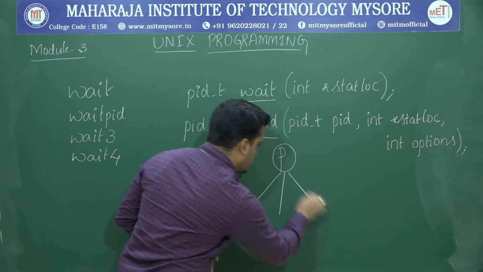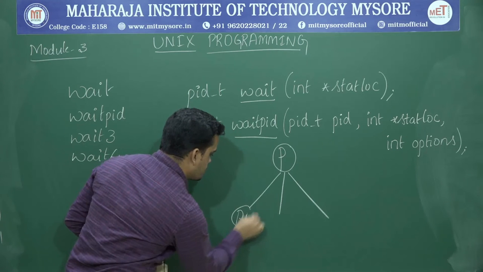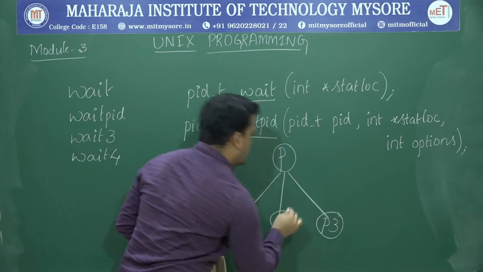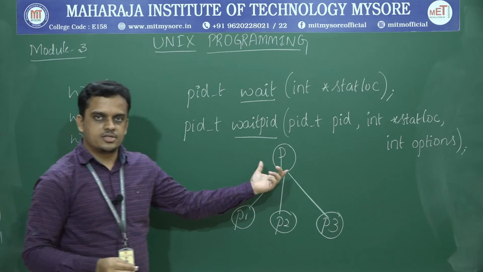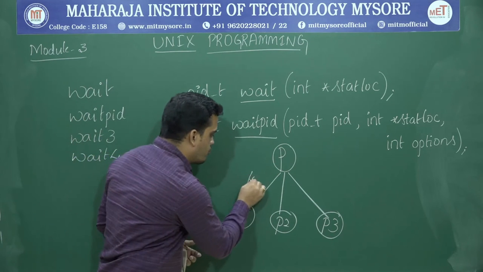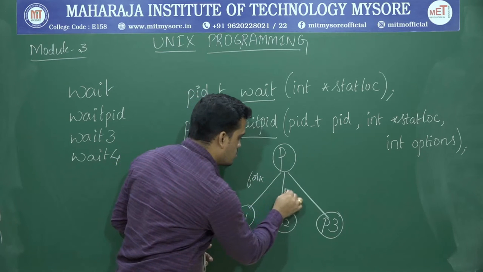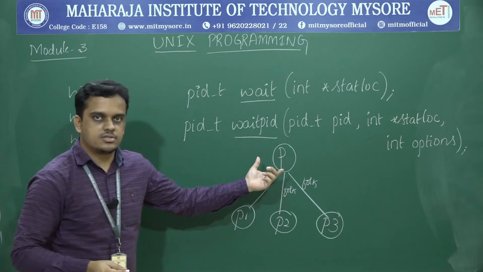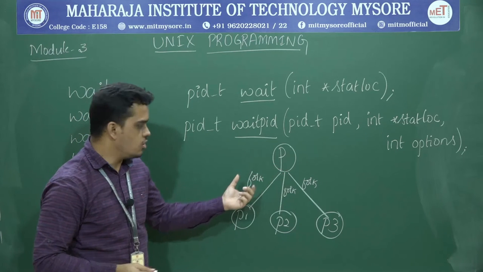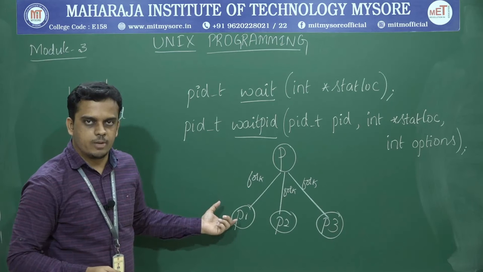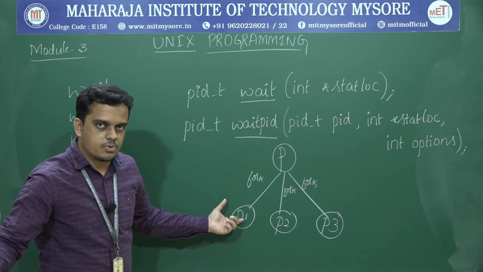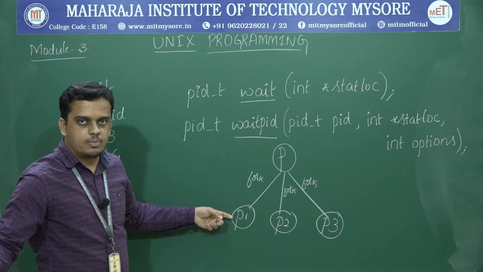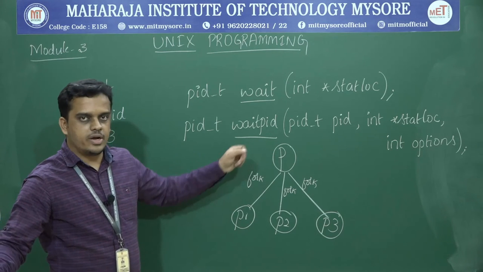For this case, I will consider a process which has executed the fork function thrice. When the parent process, the currently running process, executes a function called fork, it will create a new child process, and this fork function will return 0 to the child process and the PID to its parent process.